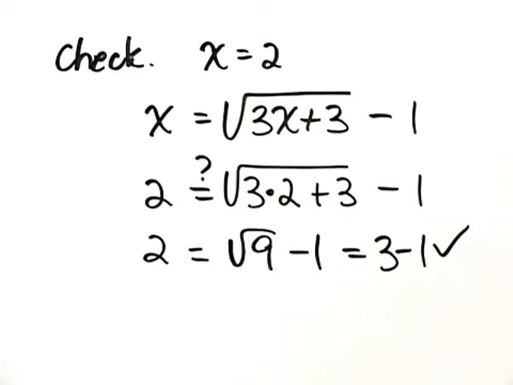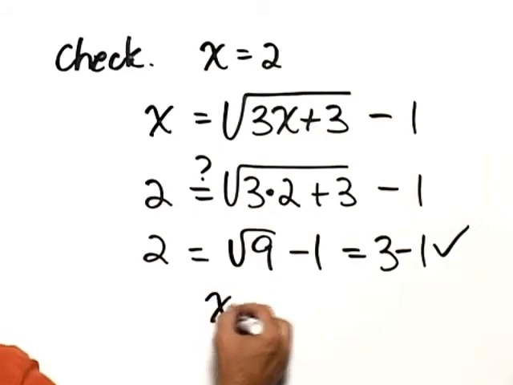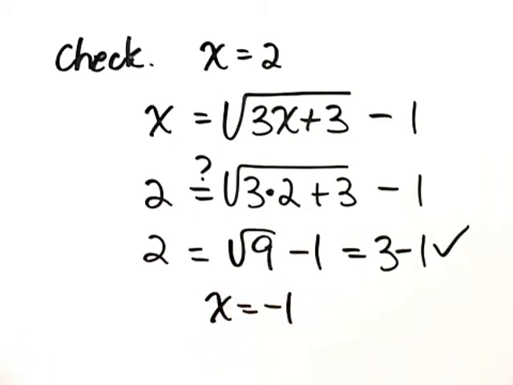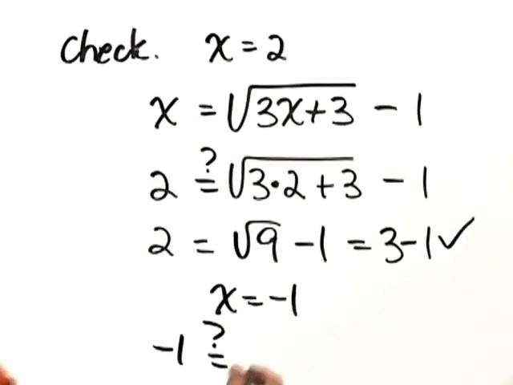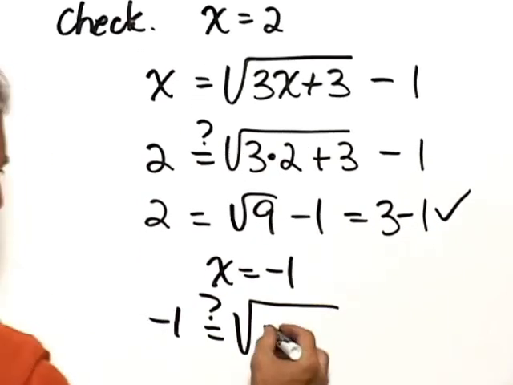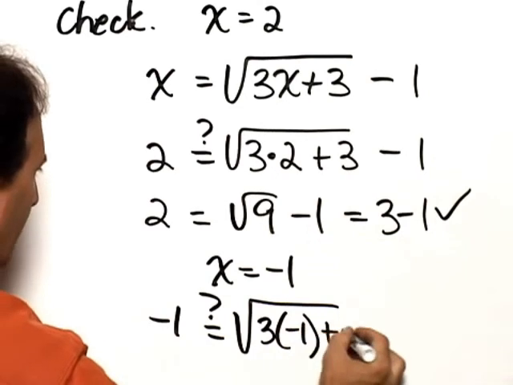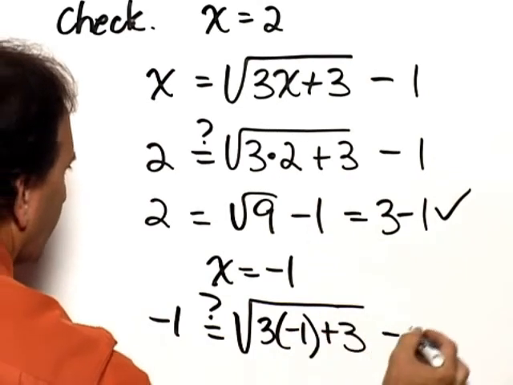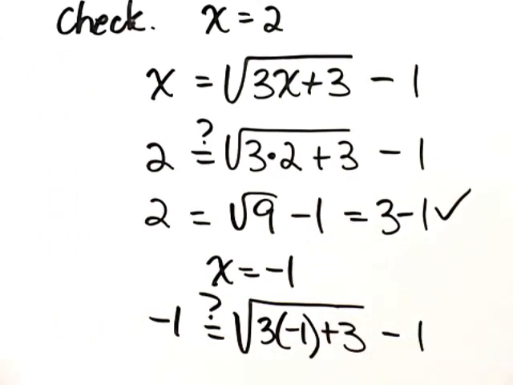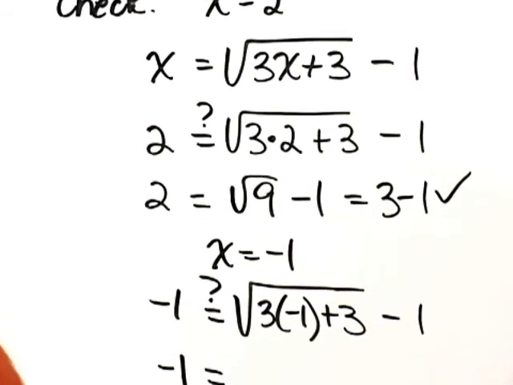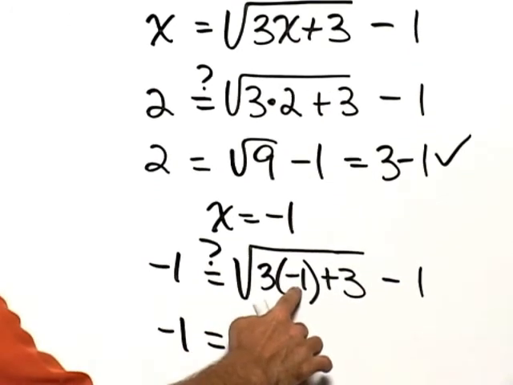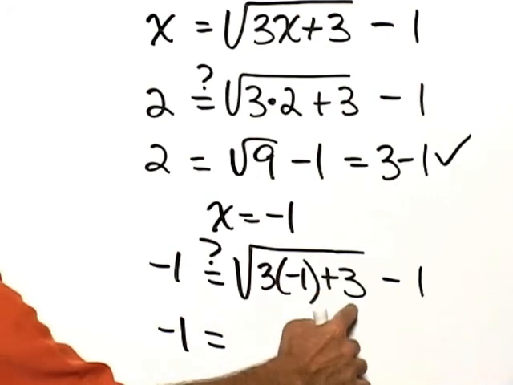Now we need to check x equals negative 1. So we substitute negative 1 in place of x. Does that equal the square root of 3 times negative 1 plus 3 minus 1? So negative 1 equals, 3 times negative 1 is negative 3, plus 3 is 0.